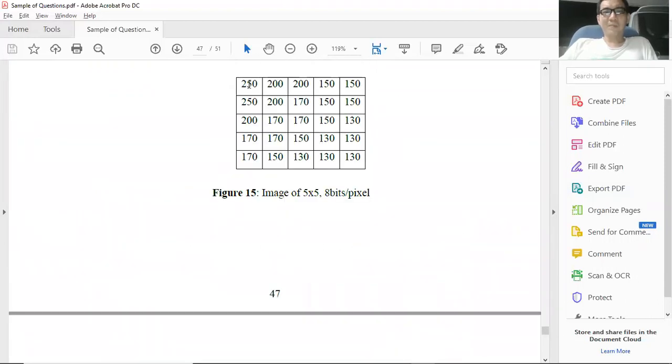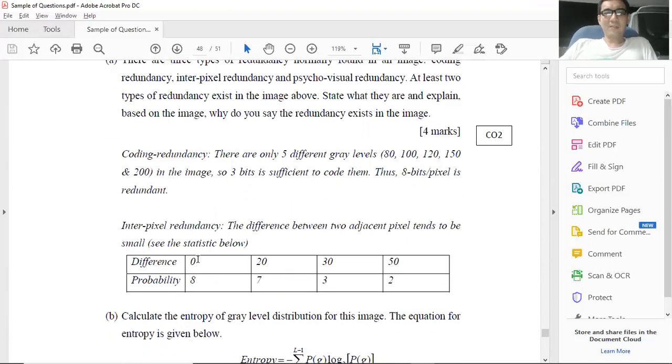So you can see this one and this one, difference 50, this one and this one, difference 0. This one and this one, difference 150. This one and this one, difference 0. So 1 difference 0, 2, 3, 4, 5, 6, 7, 8. So 8 with 0 difference.